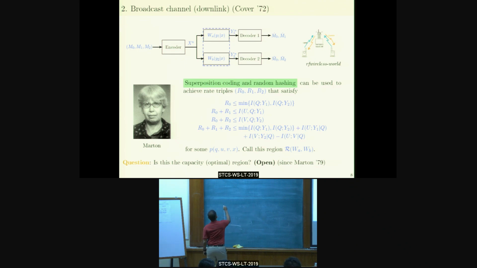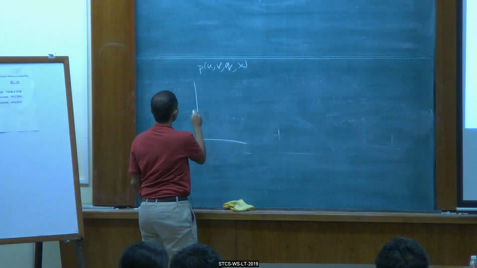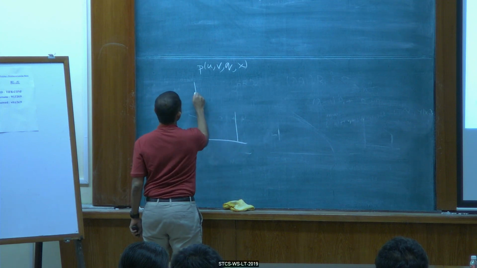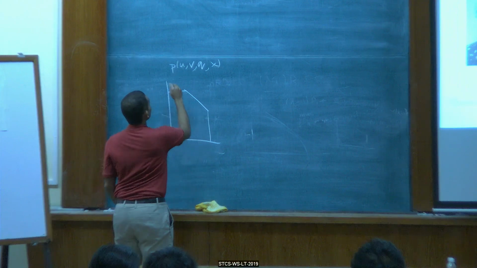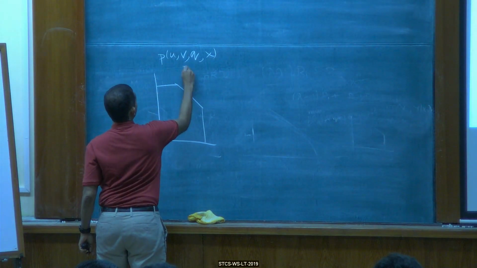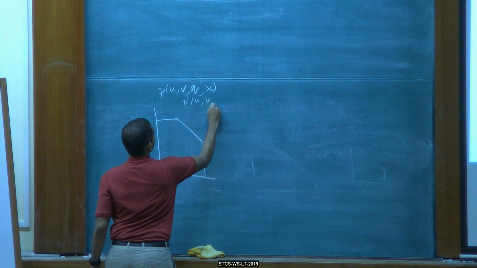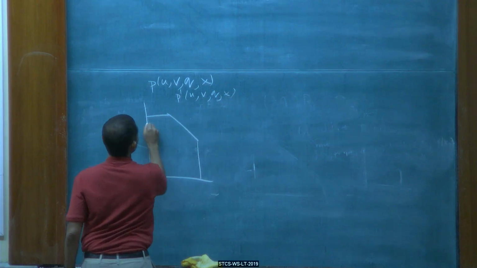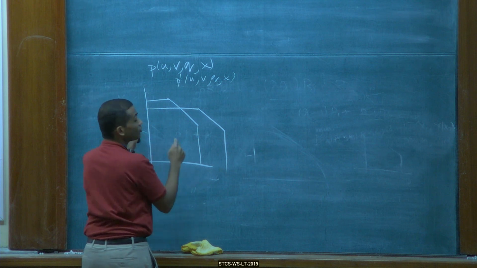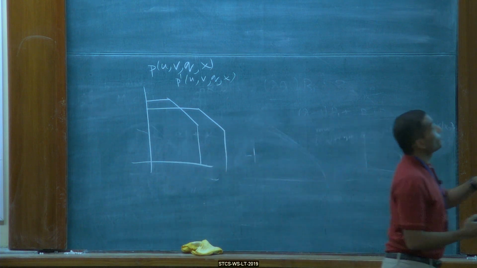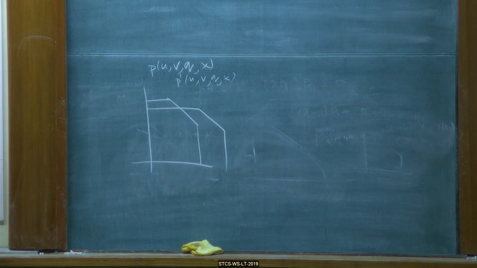You take your favorite P on Q, U, V, X, and this gives me R1 less than something, R2 less than something, and R1 plus R2 less than something. Now you take a different P prime on Q, U, V, X, and you'll get another region, because the values may be different. Each of these depends on the P you choose.